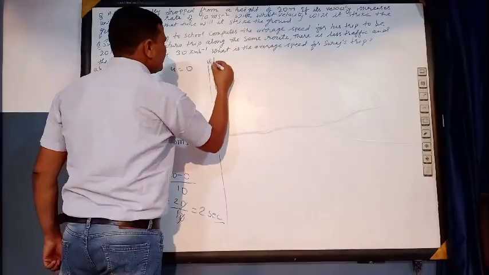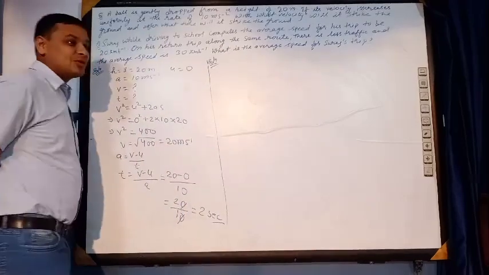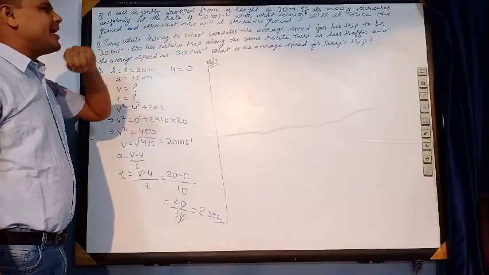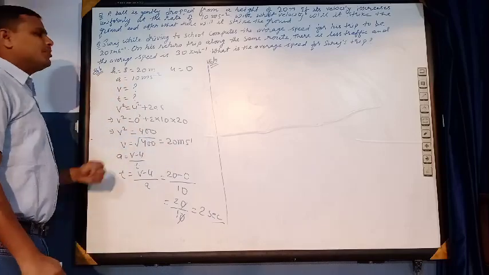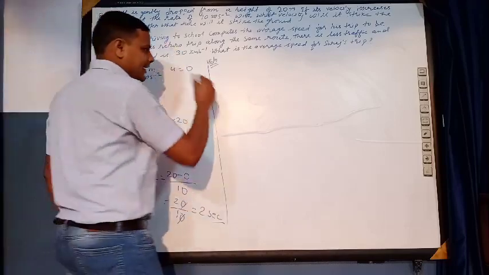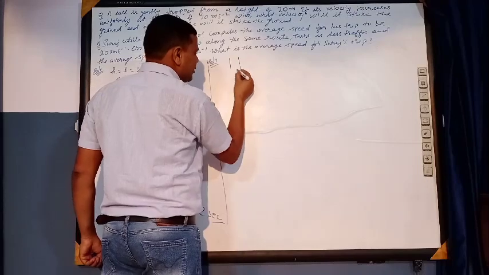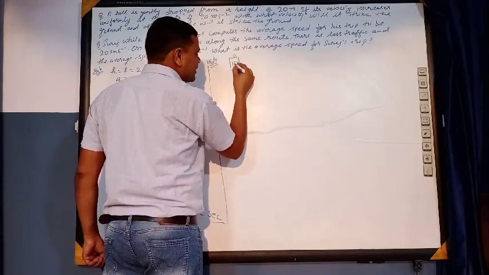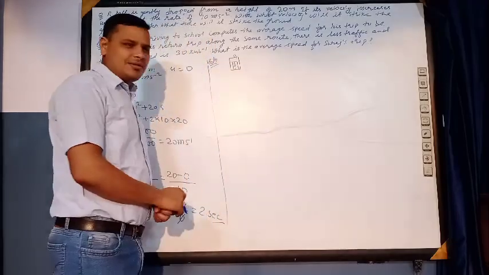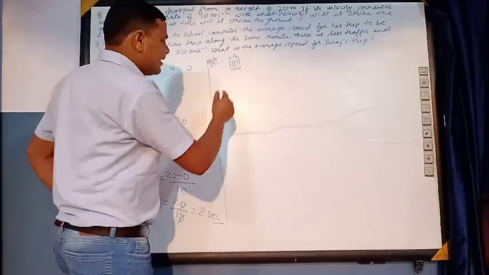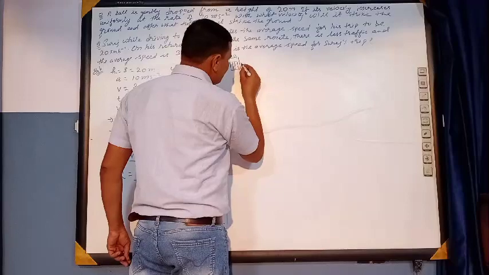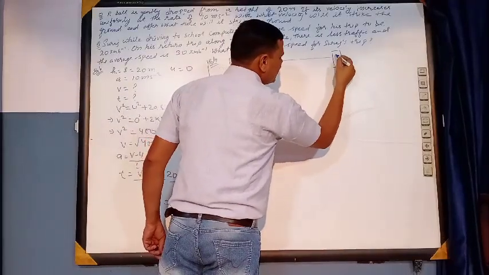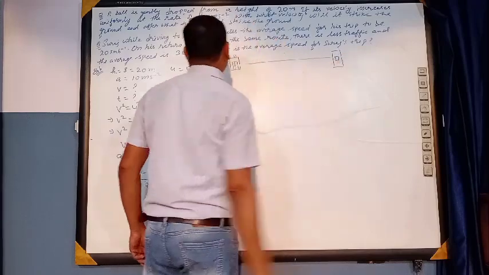Now since it is a very interesting question, it is related to the school. Suraj, while driving to the school, computes the average speed for his trip to be 20 km per hour. Suppose that it is a house where Suraj lives, and nowadays all of you are living in your house because it is a lockdown period, and suppose this is the school of Suraj.